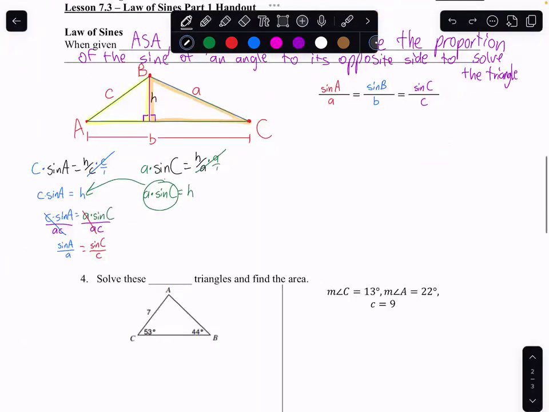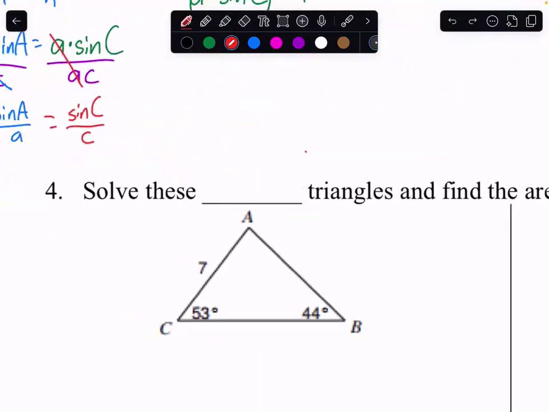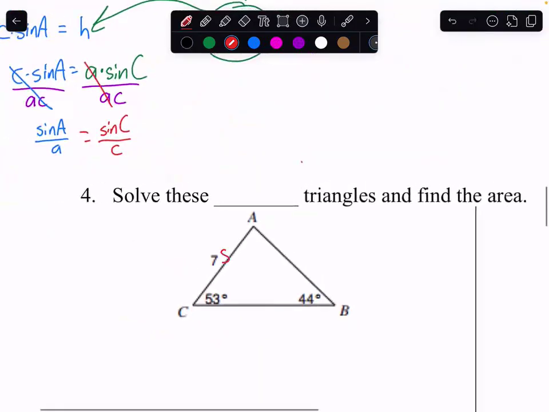Okay, so with that all in mind, let's go ahead and jump down here. First of all, what type of triangle is this? You're given a side length, an angle, and an angle, so this is SAA.